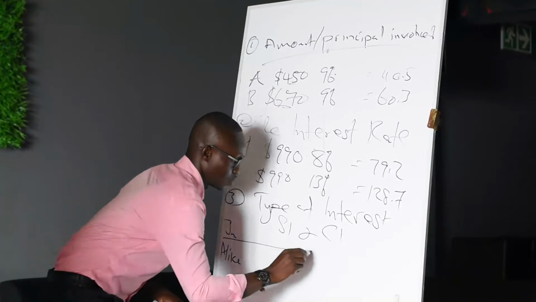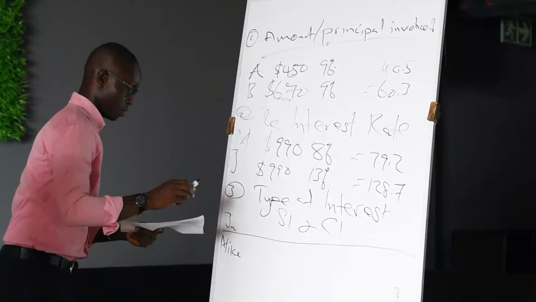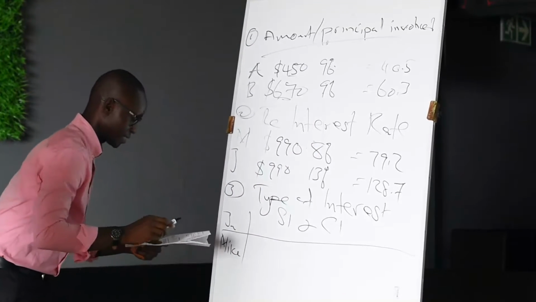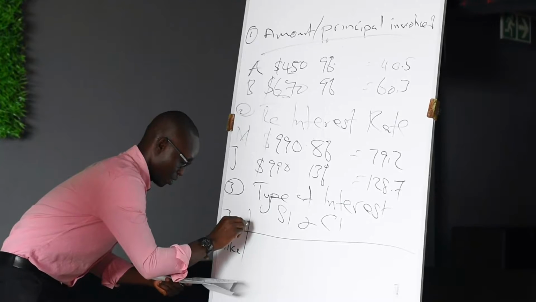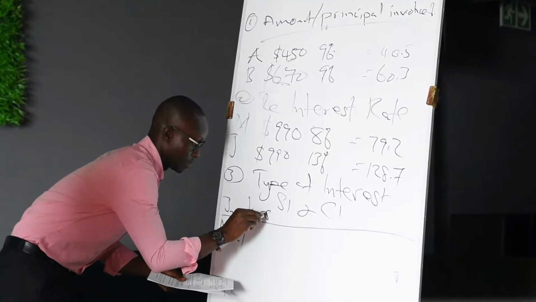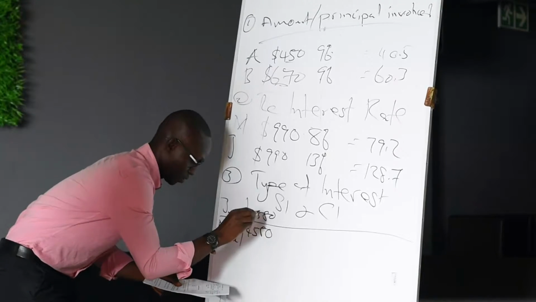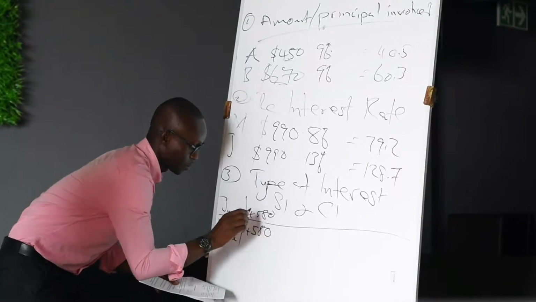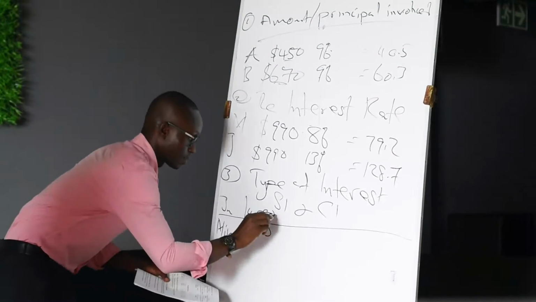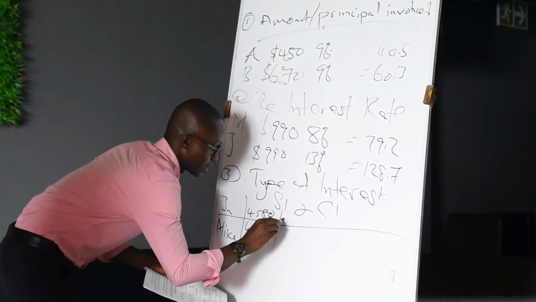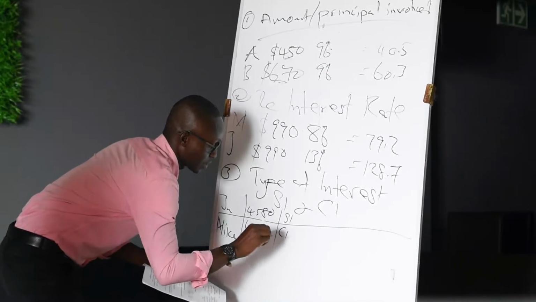Then let's assume, okay, they are investing. The capital here is 4580. Then 4580. Okay, we have the same principal. The type of interest here is simple interest, and this is compound interest.